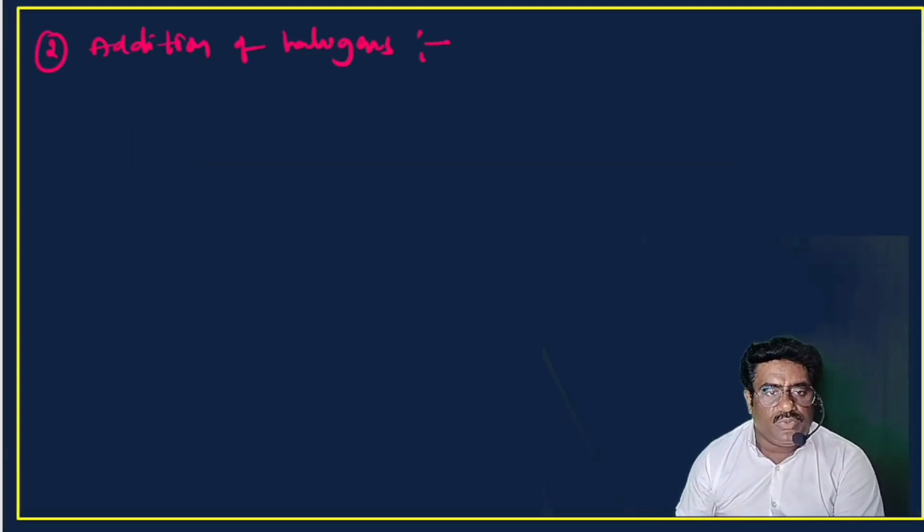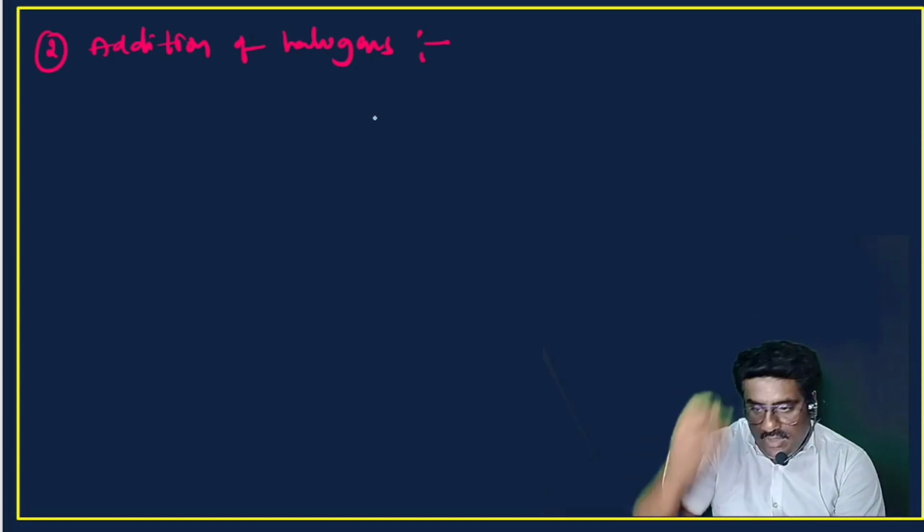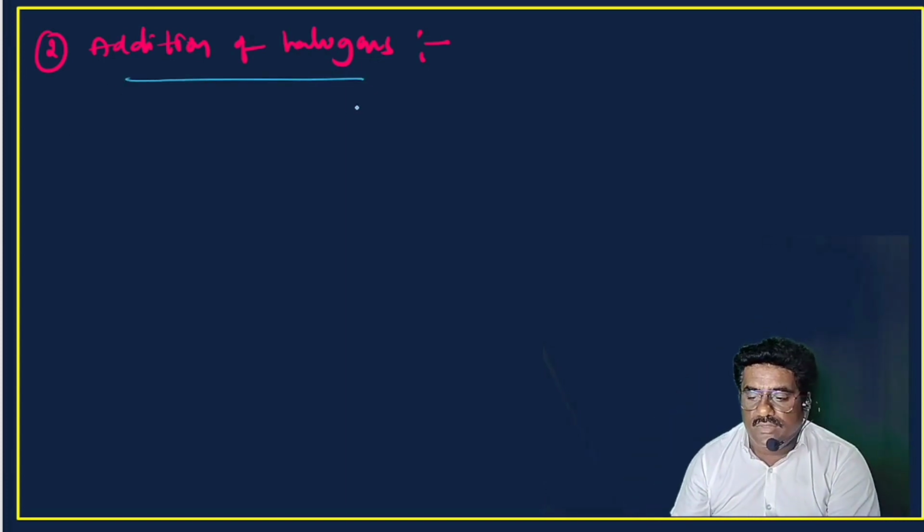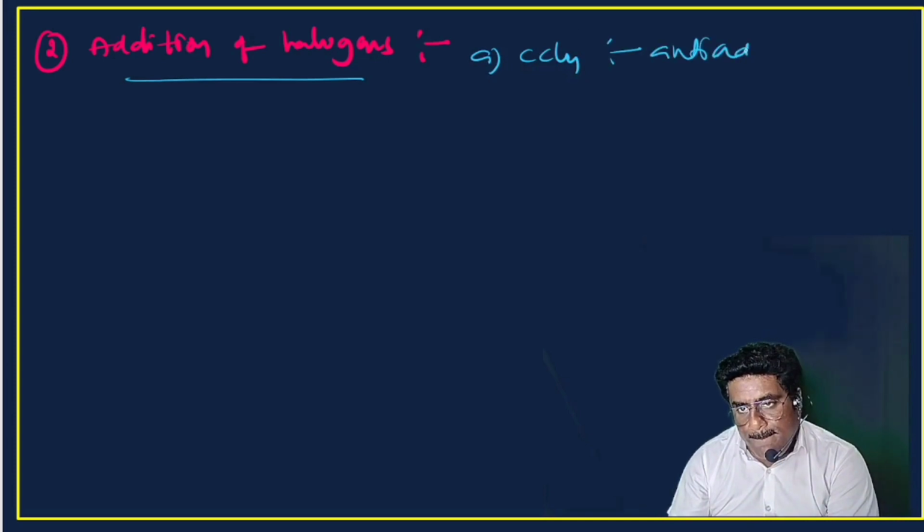I will look at the next one, addition of halogens. Addition reactions, and addition of halogen. What is the reagent? The reagent used is carbon tetrachloride, and it undergoes anti-addition.